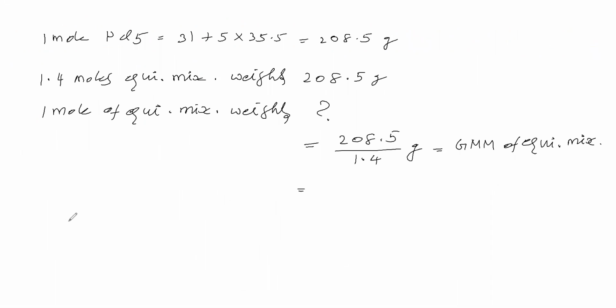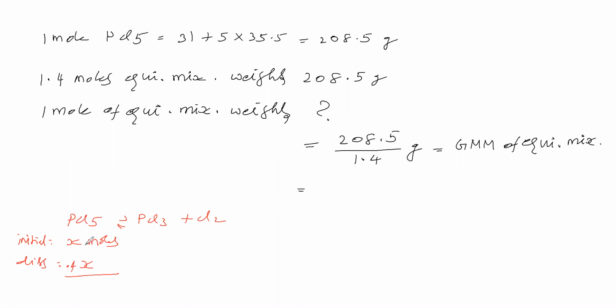So PCl5 gives PCl3 plus Cl2. Let us take initially x moles. Then alpha into x will dissociate. Alpha is given as 0.4, therefore 0.4x will dissociate.